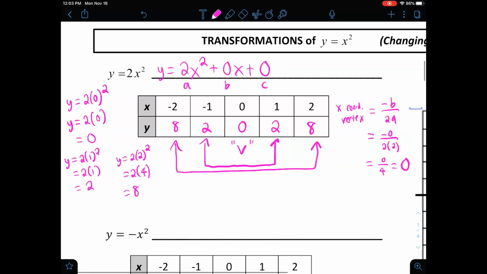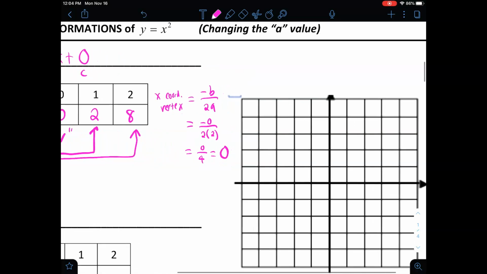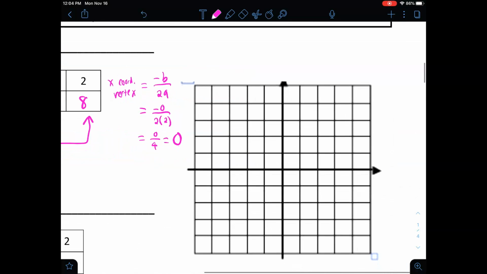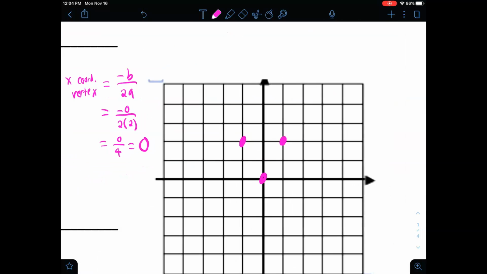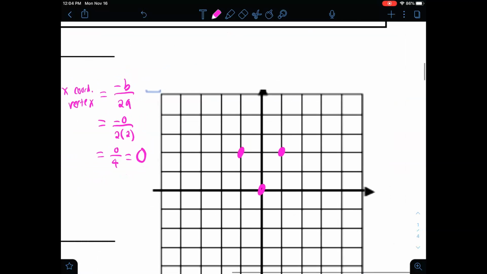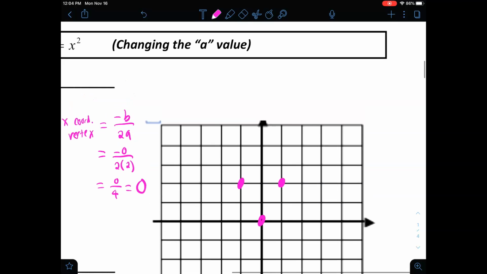Okay, so let's graph this here and see what it looks like. So we have 0, 0 right in the middle. We have 1, 2, so right 1 up 2. We have left 1 up 2, got to mirror it nicely. And then we have 2, 8. So right 2 up 8. 1, 2, 3, 4. The graph goes up to 5. So we're going to go 6, 7, 8 up here.